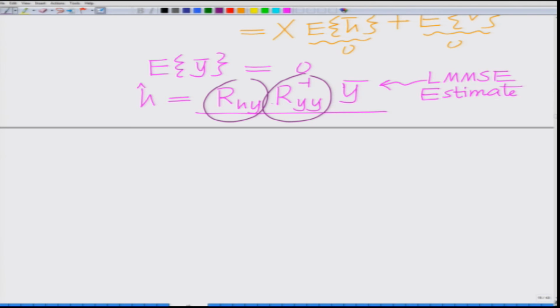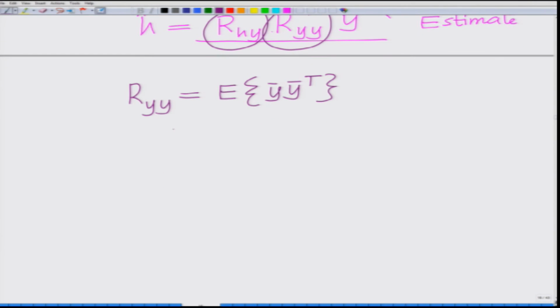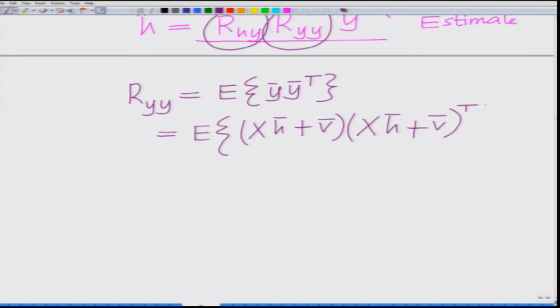So, now let us start with R y y. R y y equals the expected value of y bar y bar transpose, which is equal to the expected value of x h bar plus V bar into x h bar plus V bar transpose.